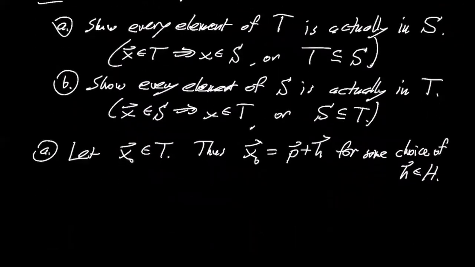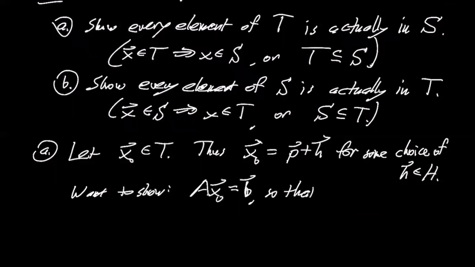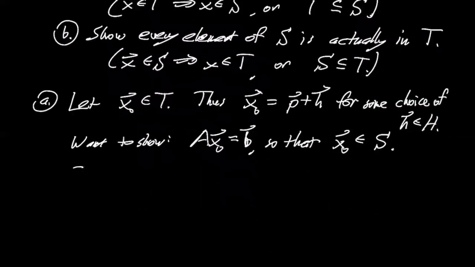So yeah, we want to show that A x naught equals b, because that by definition means that x naught is an element of S, the solution set. So how do we prove that? Well, let's just compute A x naught. And you'll see it's not too bad. Compute A x naught.